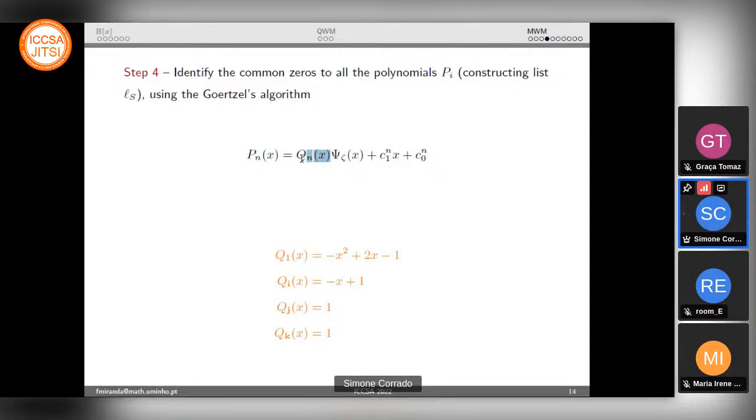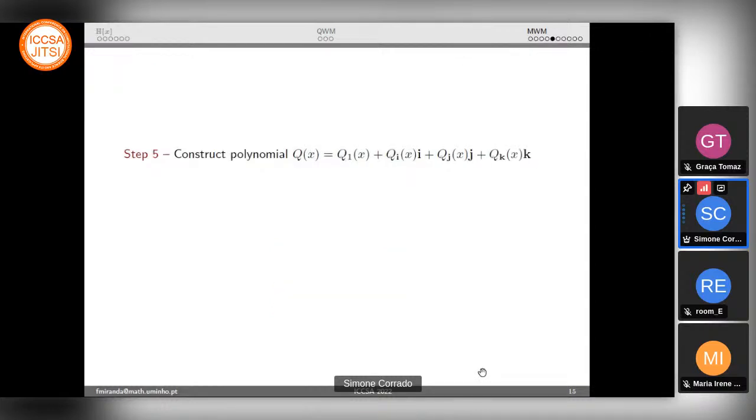But in this case we also have the polynomial Qn, and in the particular case that we are using, we have here the polynomials Q. So the next step is to construct a polynomial Q such that P equals Q times S, and Q obviously can be constructed in this form. So Q is this polynomial.